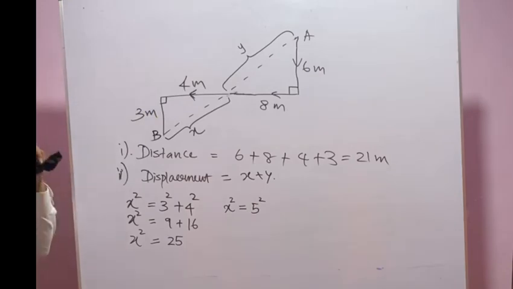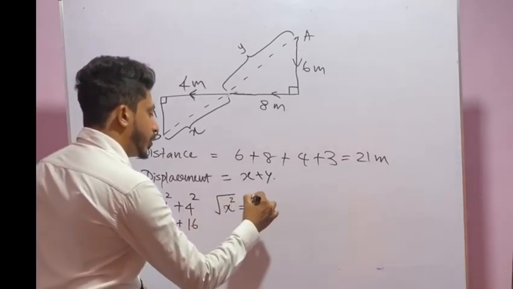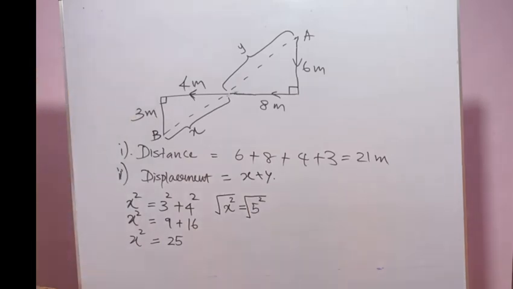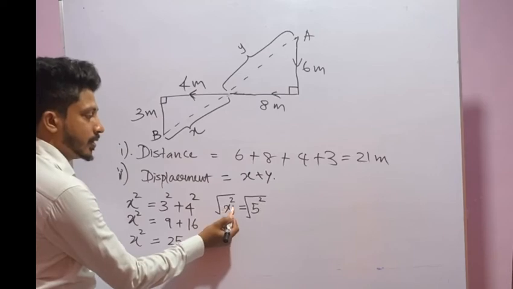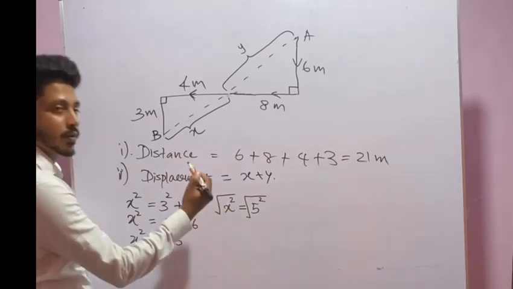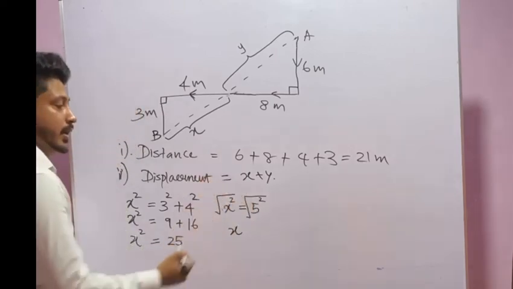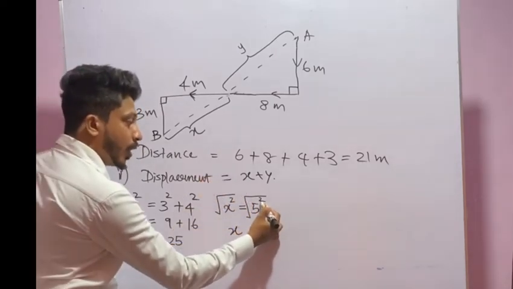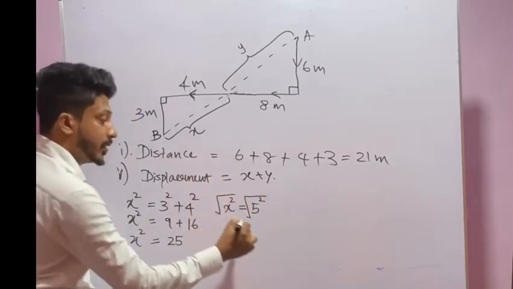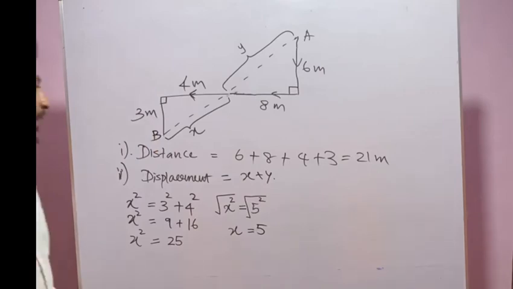Then you can consider the square root of both sides. I told you, if you consider someone's square and its square root, it results in that someone.